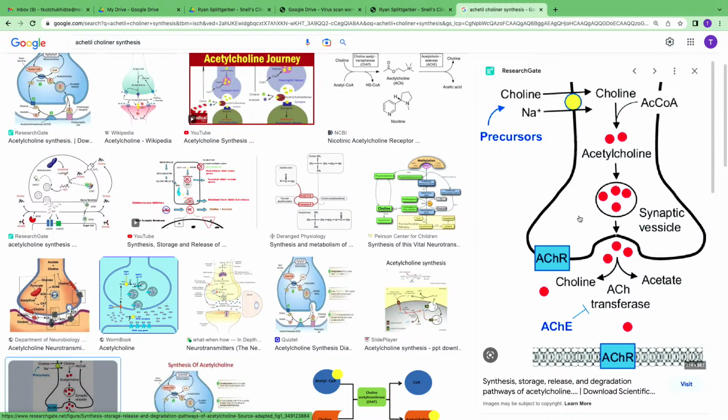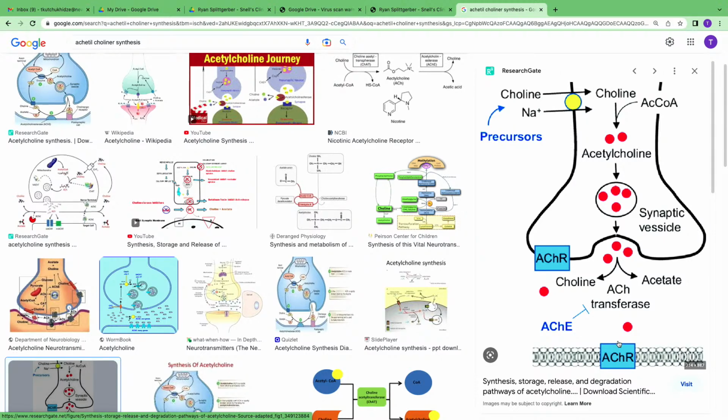A high amount of inward calcium causes the vesicles to release the acetylcholine. And acetylcholine is taken up by the receptors. We have nicotinic and muscarinic receptors, which are located on our ganglion, and they bind it, right?